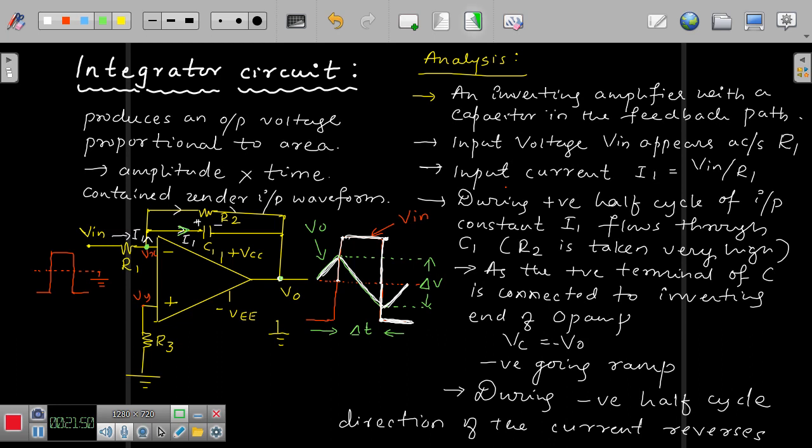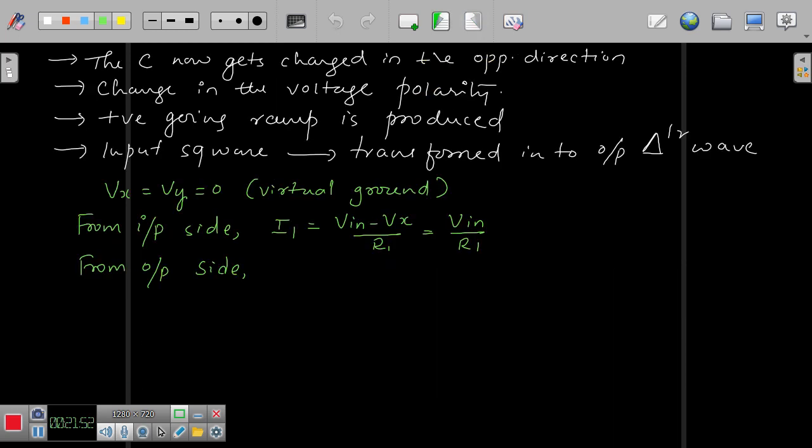So I will write it like this now. From the output side, your I1 is equals to C1 into d by dt of Vx minus V naught. So what I can write here is minus C1 into d by dt of V naught, because Vx is equals to 0, dV naught.